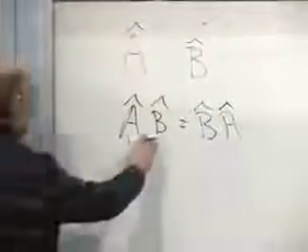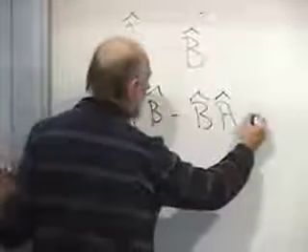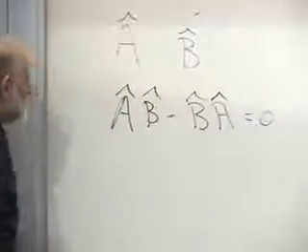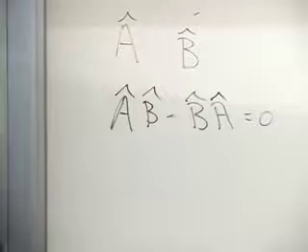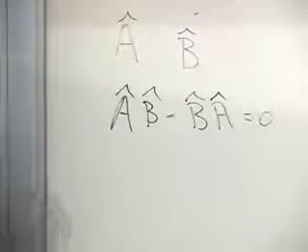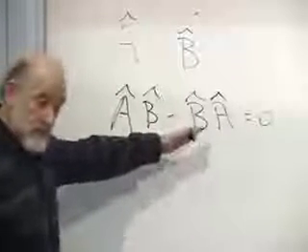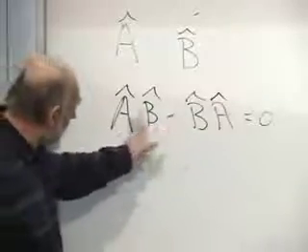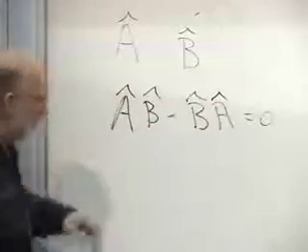Another way to write it is A times B minus B times A is equal to 0. Now remember, A's and B's are operators, they're not numbers in general. But if they're compatible, then it doesn't matter which way you multiply them.